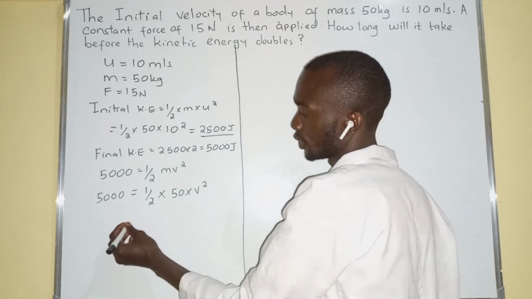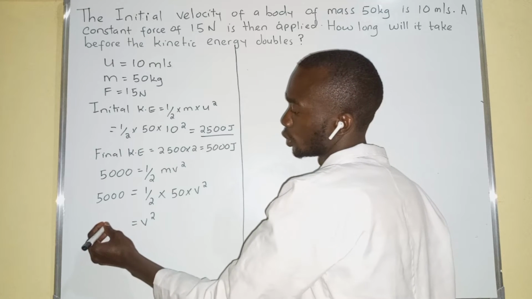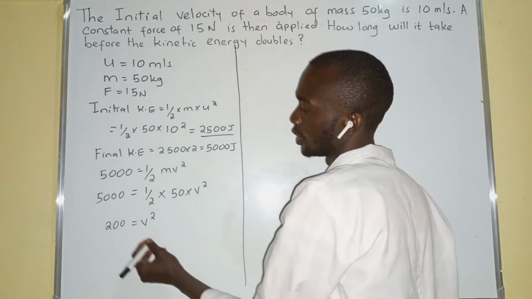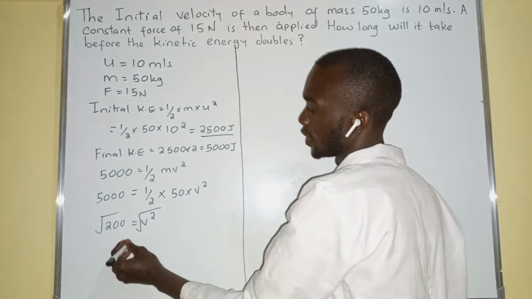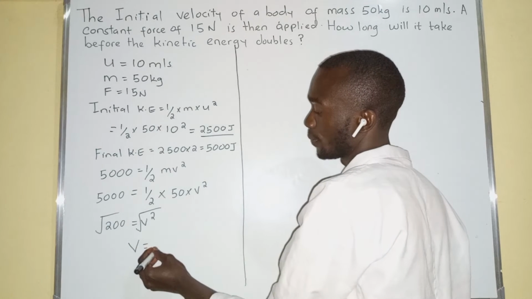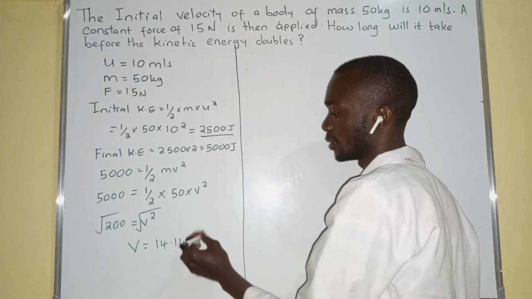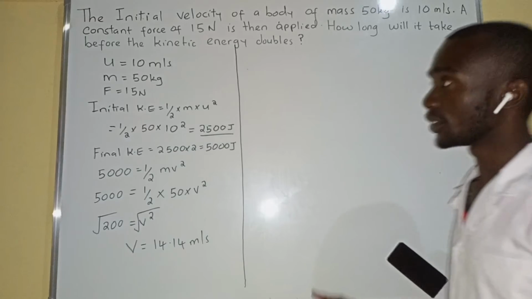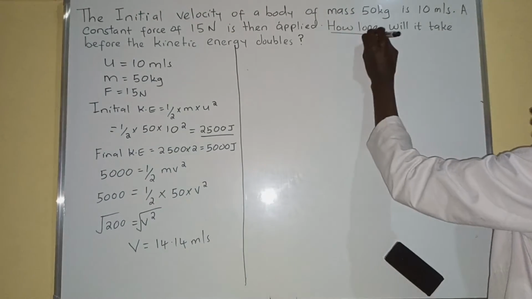So the value of v squared is equal to 200. Taking the square root of both sides, v, the final velocity, is equal to 14.14 meters per second.